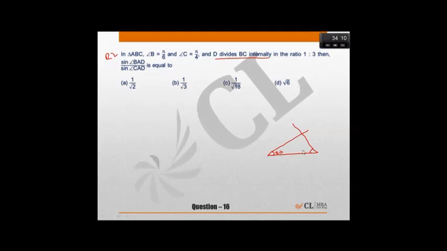Slightly more than 40, but that's okay. So I have A, B, C. D divides BC internally in the ratio 1:3. So if this is x, this is 3x. Then what is sine of angle BAD upon sine of angle CAD? This is D.